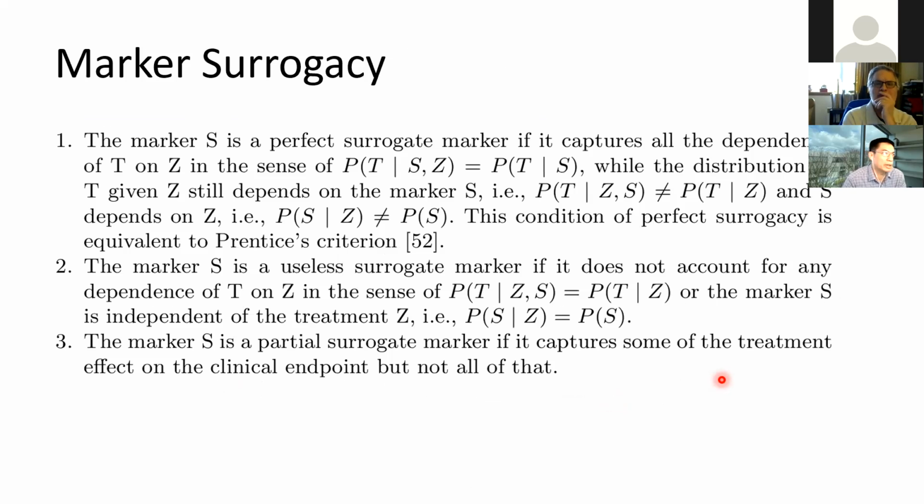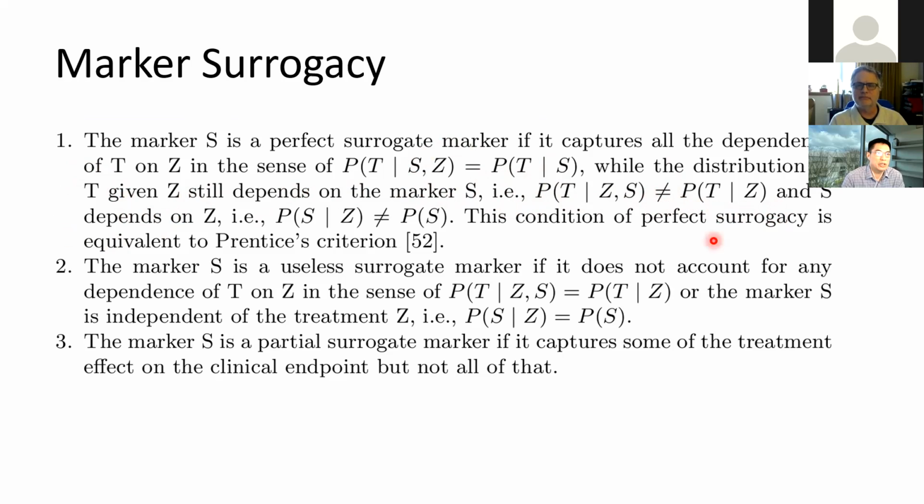In terms of biomarker surrogacy, a perfect surrogate marker captures all the dependence of the clinical endpoint T on the intervention, in the sense of conditional independence of the clinical endpoint with regard to the treatment assignment given the marker, but the distribution of T given an intervention will still depend on the markers.